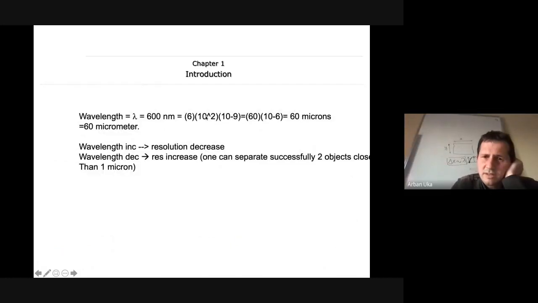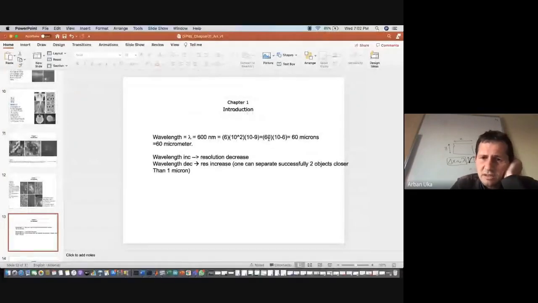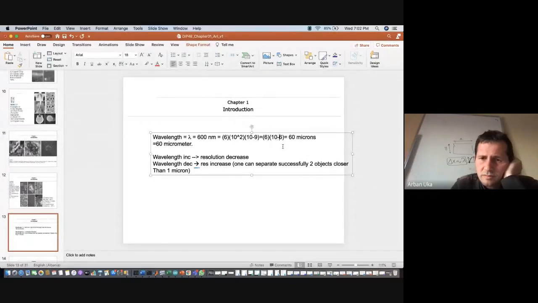This is 10 to the power 2 times 10 to the power minus 9. What is this equal to? This is 10 to the power minus 7. Okay, this is my mistake.